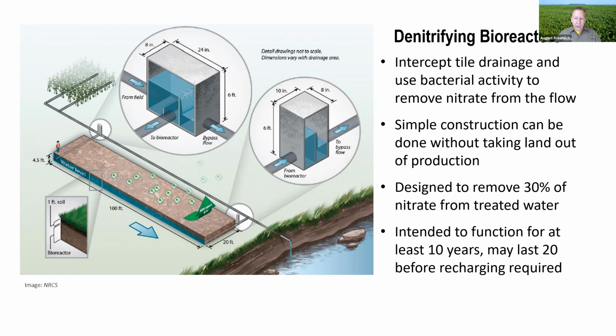So it removes the nitrate out of the water, so that the water that flows out of the treatment bed is cleaner. There's been a lot of research done on this.